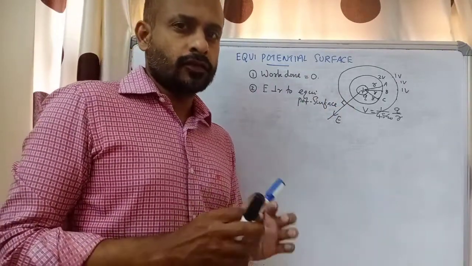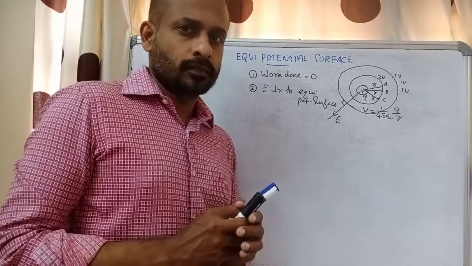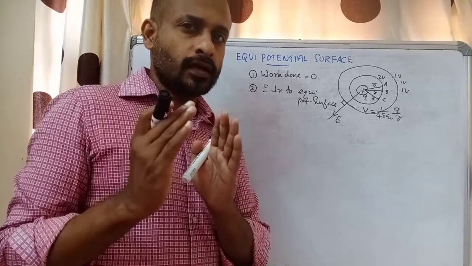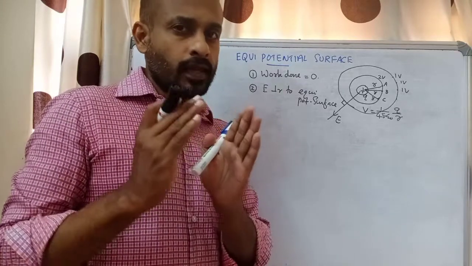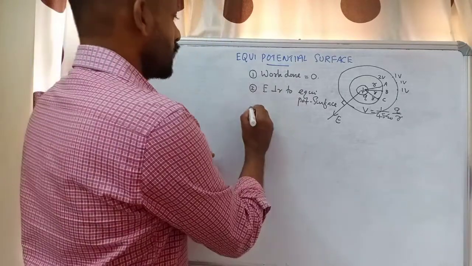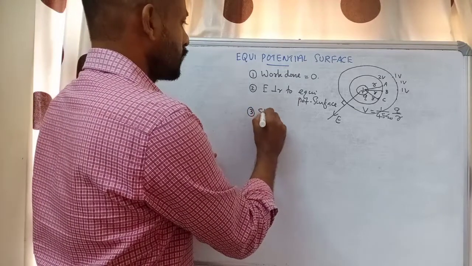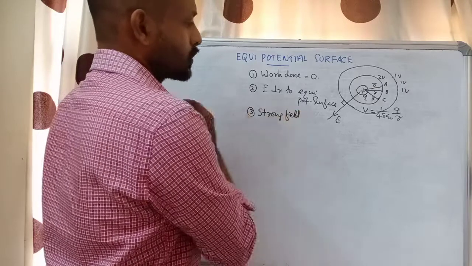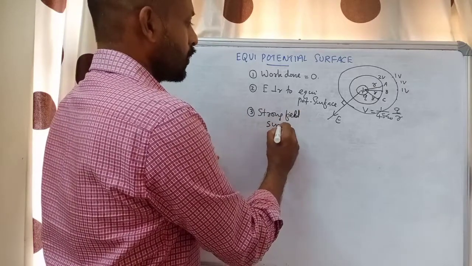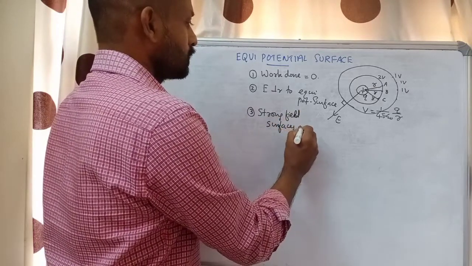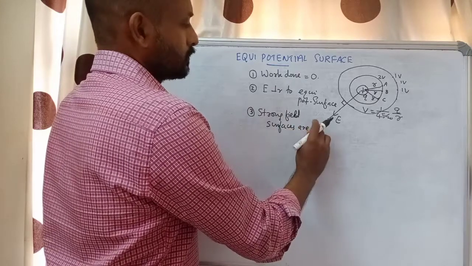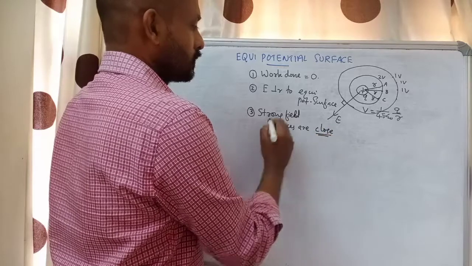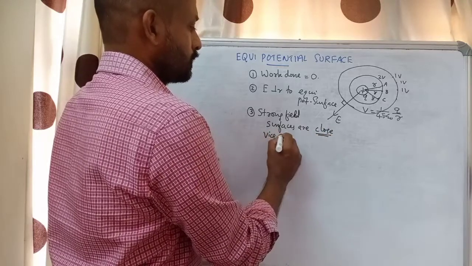Third one is, if the field is very strong, the surfaces are very close together. If the field is very weak, the equipotential surfaces will be distant apart. So if the field is strong, equipotential surfaces are close together, and vice versa.